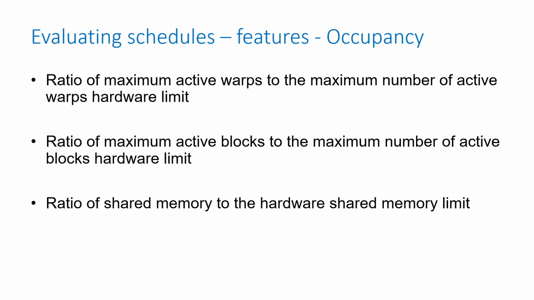They measure the ratio of the active warps versus the warp limit, the ratio of active blocks versus the total maximum number of blocks in the hardware, and the ratio of shared memory to the actual limit of shared memory, to make sure that the warps, blocks and shared memory are utilized as much as possible.